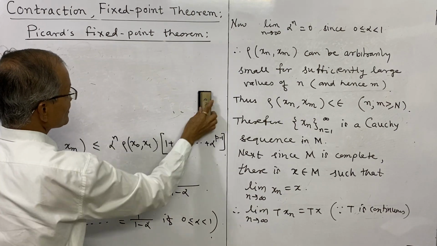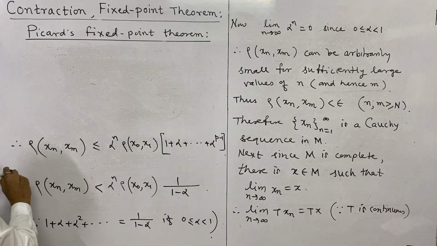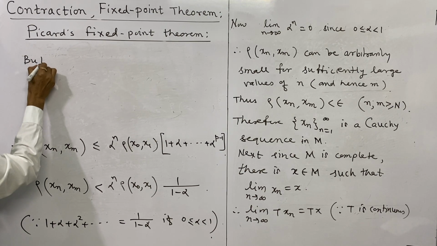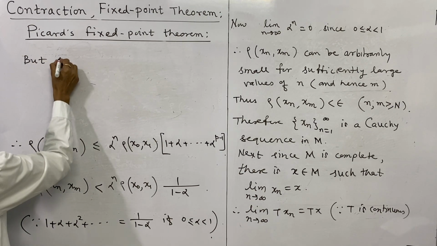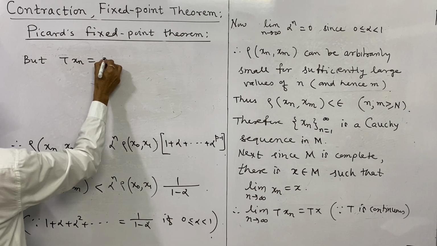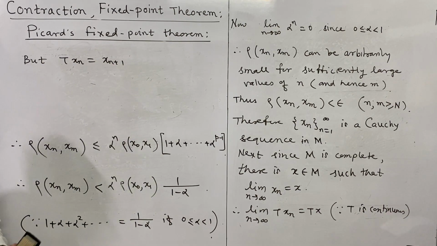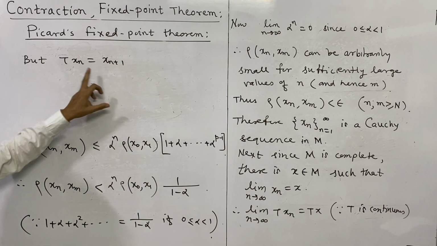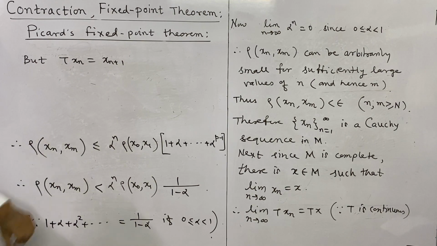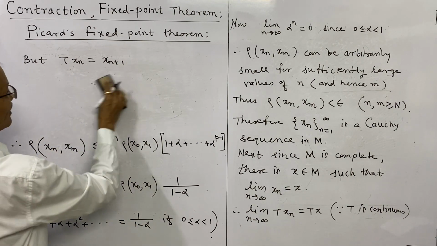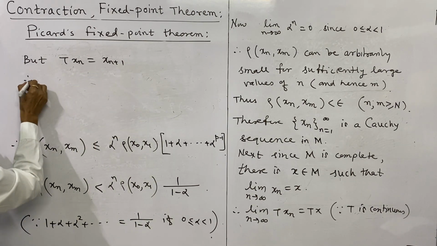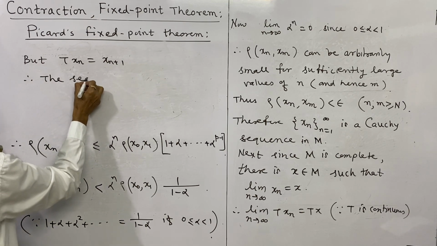But what is T of xn with earlier notation? T of xn is equal to xn plus 1. We have written T of x0 is x1, T of x1 is x2, and therefore T of xn is xn plus 1.